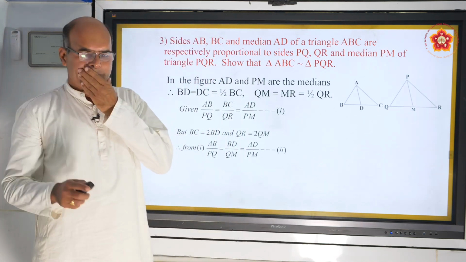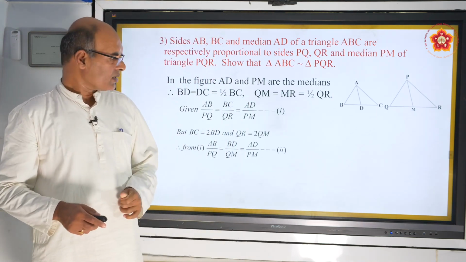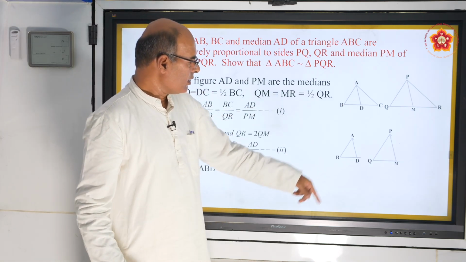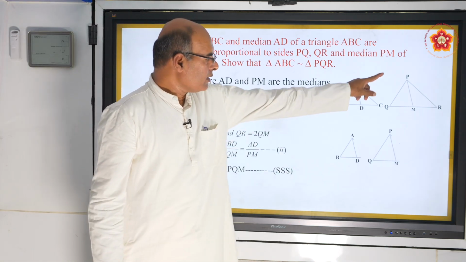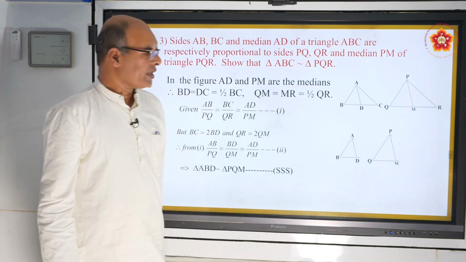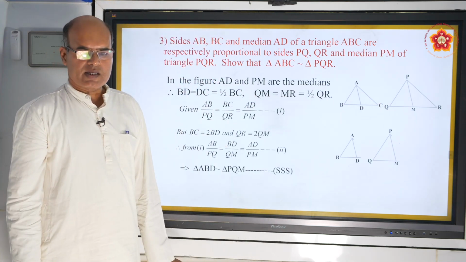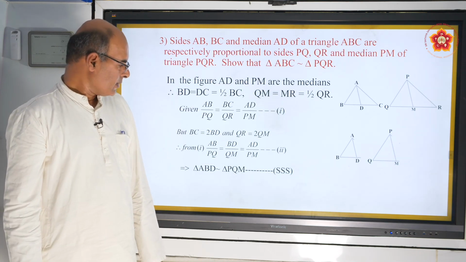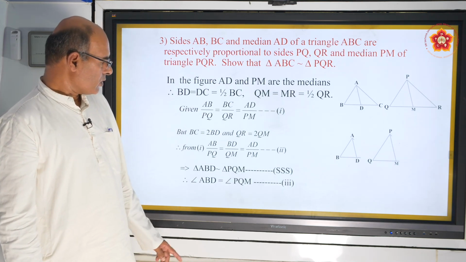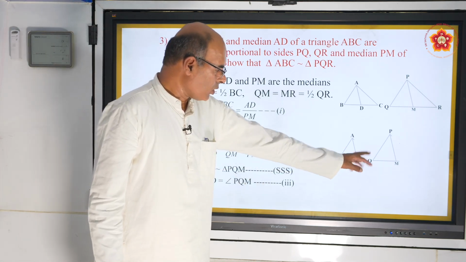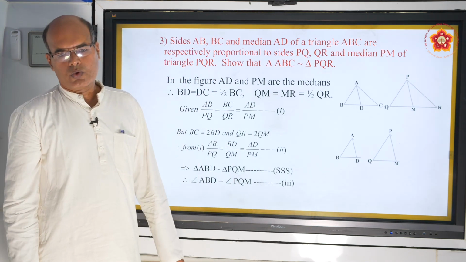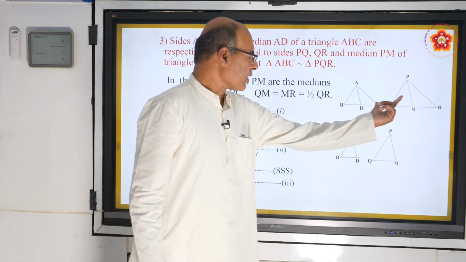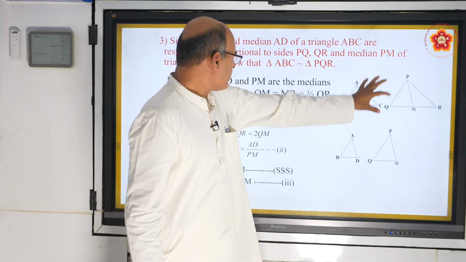Therefore, according to the SSS criterion of similarity of triangles, triangle ABD is similar to triangle PQM. So therefore, angle B must be equal to angle Q. Already it is given that BC by QR is equal to AB by PQ.